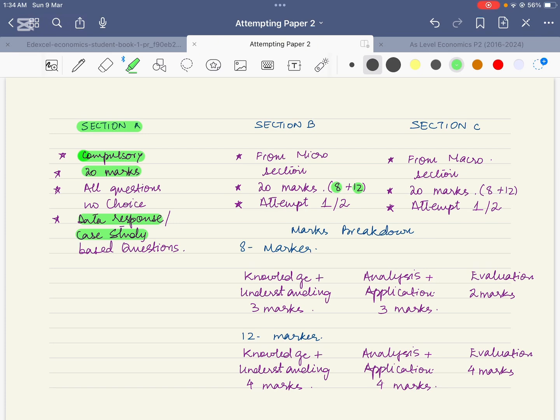Now there are 3 marks for knowledge and understanding, 3 marks for analysis and application, and 2 marks for evaluation. That makes a total of 8 marks. For this 8 marker, you are also required to provide a valid and justified conclusion. How do we go about all of it? Let's have a look.